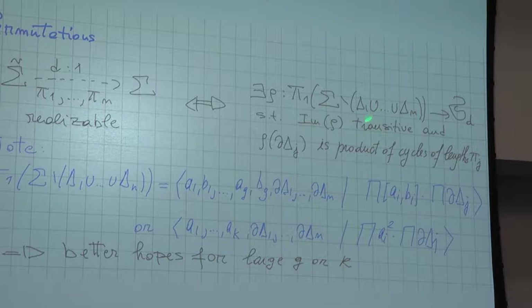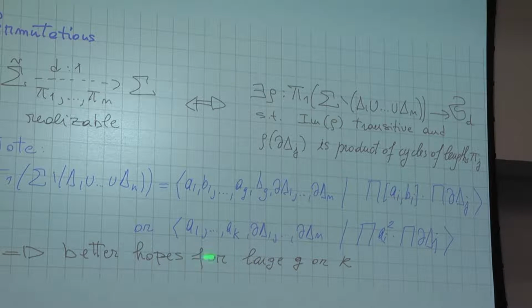Since the condition you must satisfy about rho in order to get the desired cover only regards the image of rho on the boundary of delta j, the boundaries of the delta j's always appear in these relations, but there's only one.